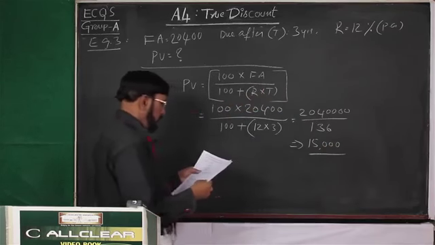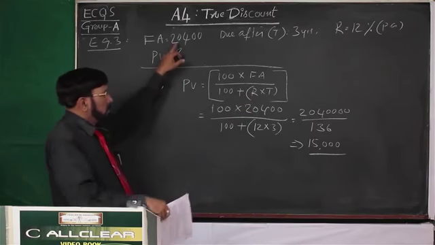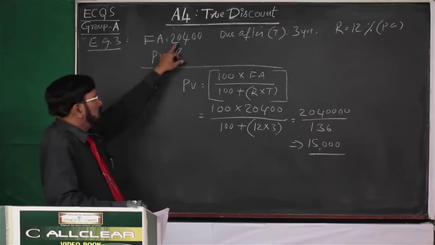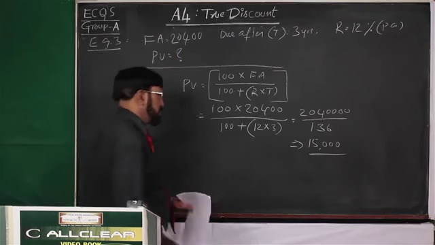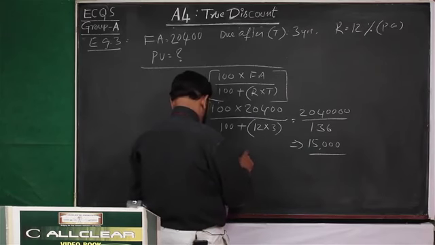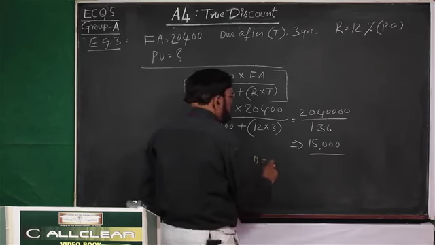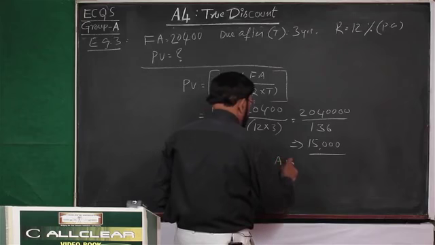15,000 rupees, and here the future amount is 20,400 rupees. So now the true discount is the future amount minus the present value.